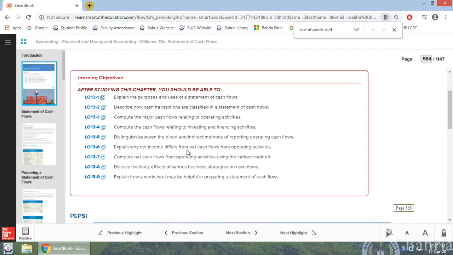Then there's a distinction between direct and indirect methods that we'll be doing in the next lecture, but we would need to focus on the individual components, or the constituents, of the cash flows. Then we also need to understand why net income would differ from net cash flows from operating activities.